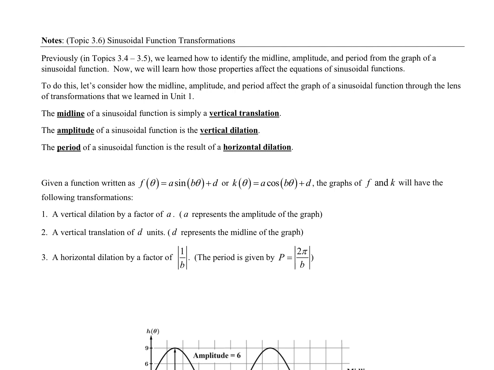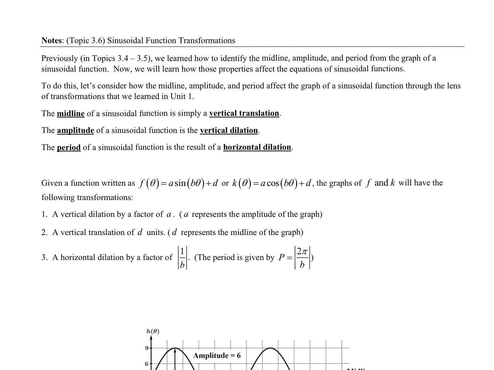Given a function written as f of theta equals a sine b theta plus d, or k of theta equals a cosine b theta plus d, the graphs of f and k will have the following transformations. Number 1, a vertical dilation by a factor of a.